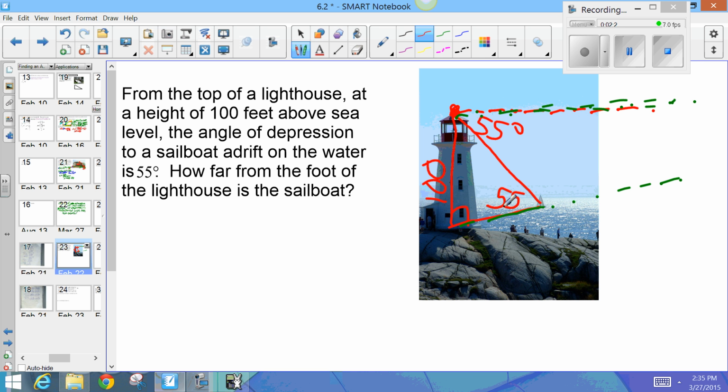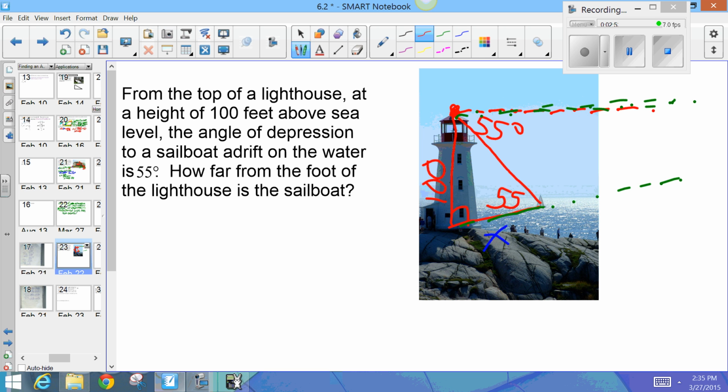How far from the foot of the lighthouse is the sailboat? Here's my X, the measurement from the foot of the lighthouse to the sailboat. Relative to 55 degrees, I want to consider the side I was given, which is 100, and the unknown, X, which is the adjacent side.